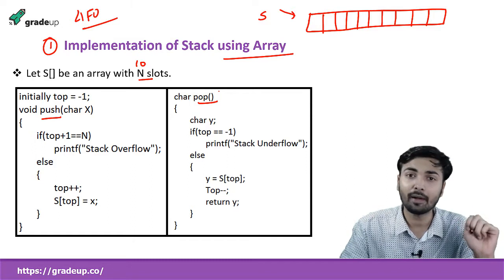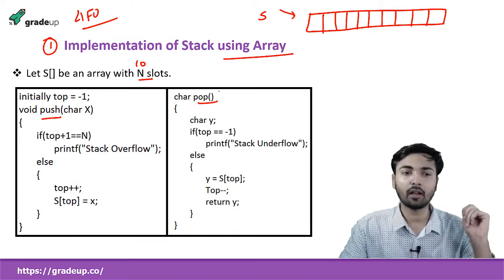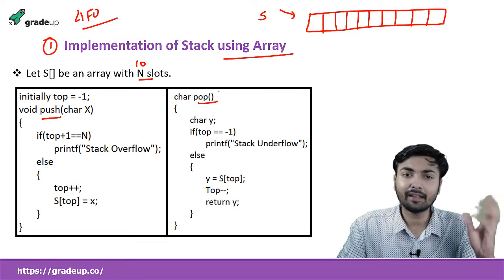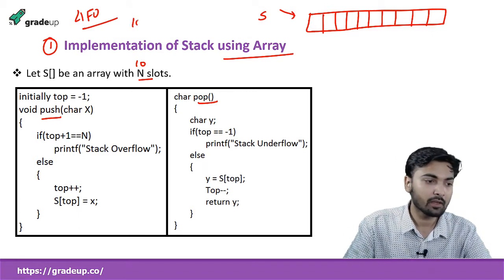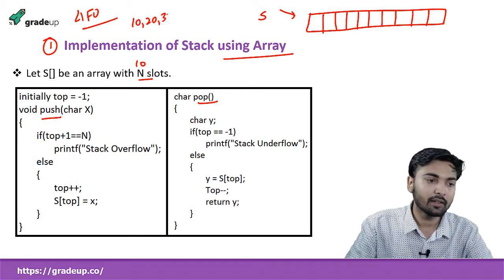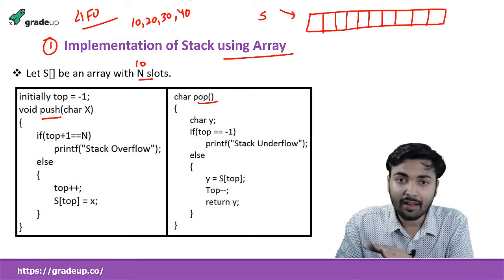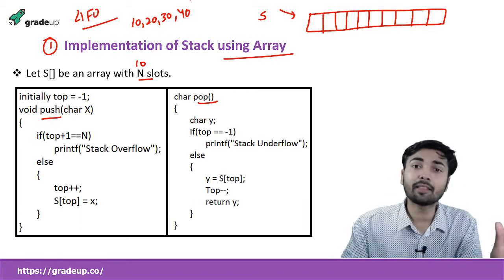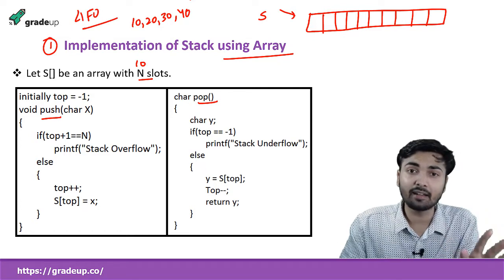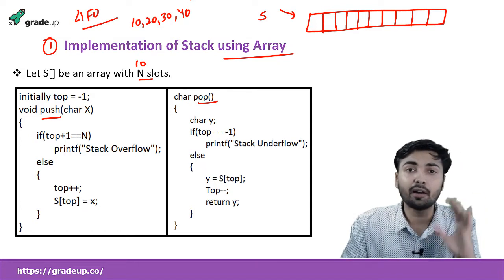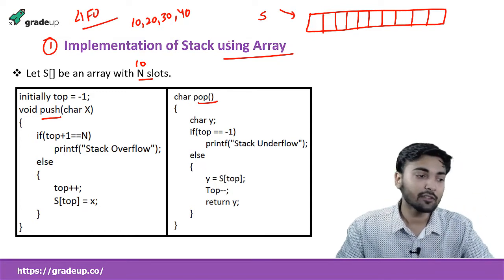Take the same example again, 4 elements: 10, 20, 30 and 40. First insert into stack, then delete from stack. And delete should be done such that the last input is first output. Got it?